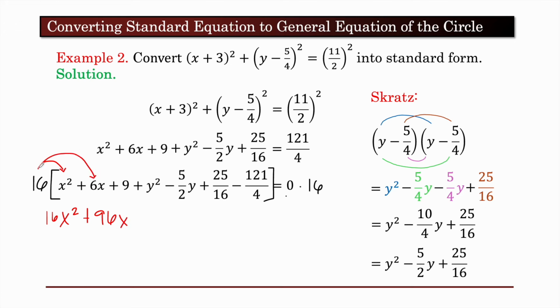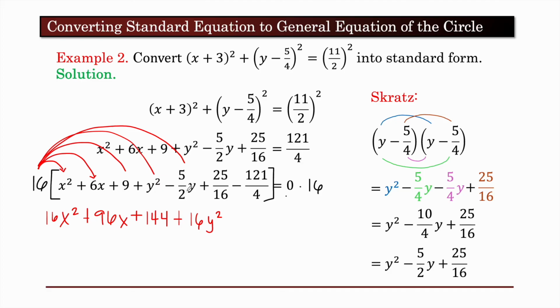And then let us multiply 16 to 9. We will obtain 144. Okay, and then 16 times y squared, simply 16y squared.